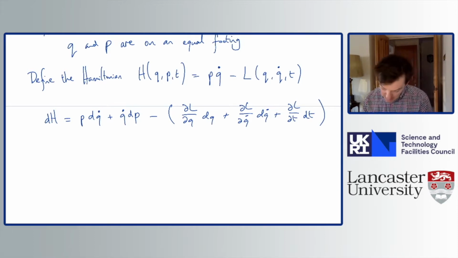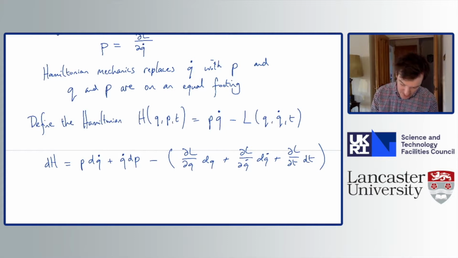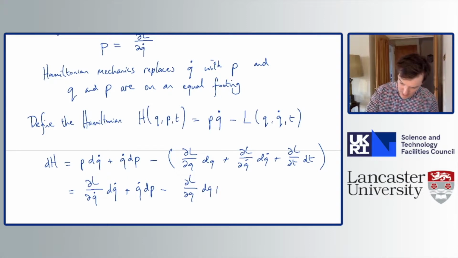Now, with our definition of what P is above, we can use that P is ∂L/∂q dot. That's our definition, so we can substitute in for P in the first term. The reason we want to do that will become apparent in just a second. Let's write down all of the other terms.